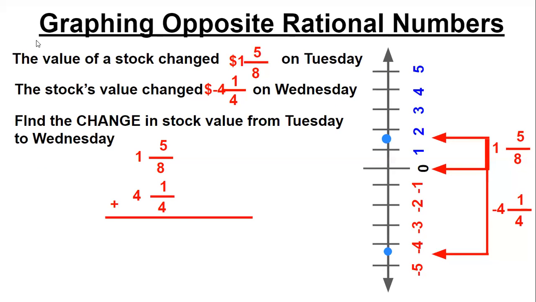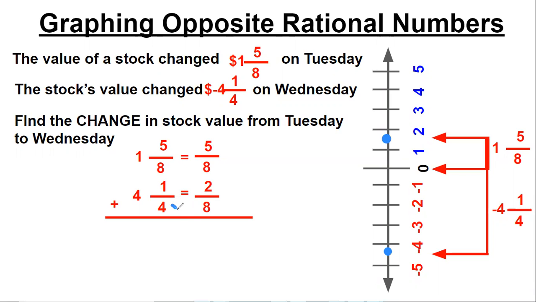So we are going to have to change the bottom numbers. So I know that 4 will go into 8. So I'm going to leave 5/8 just the way it is. I don't have to change that one, but I do have to change 1/4. So where did I get 2/8 from? Well, what I did is I said in my head, I know I got to make it an 8.